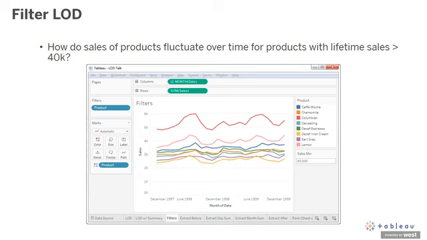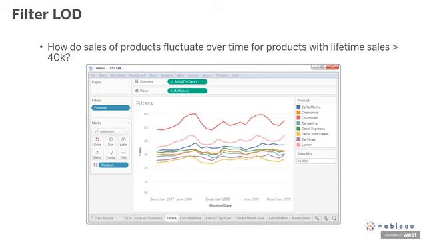Then we take that resulting set of products and do our normal viz LOD of summing the sales, in this case to the month level of detail, and we break them down by product on color. So you can see that all of the sum of sales in this visualization are under $40,000, right? We didn't just throw out any number that wasn't over $40,000. That's not what's happening here.